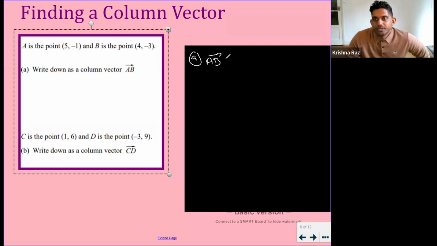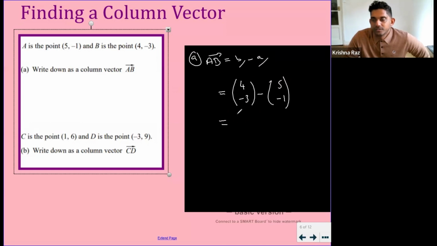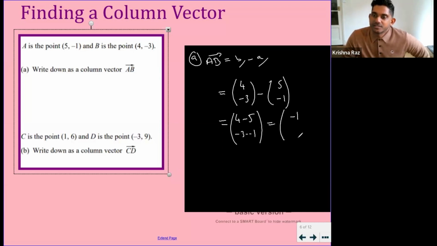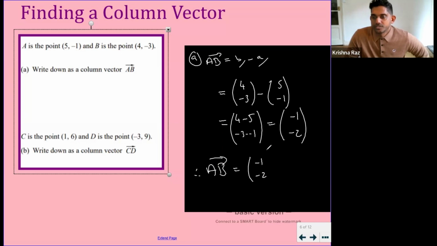So vector AB is B take away A. In this case, that is (4, -3) take away (5, 1). That gives us 4 minus 5 and -3 minus 1, which is (-1, -4). So AB is (-1, -4).